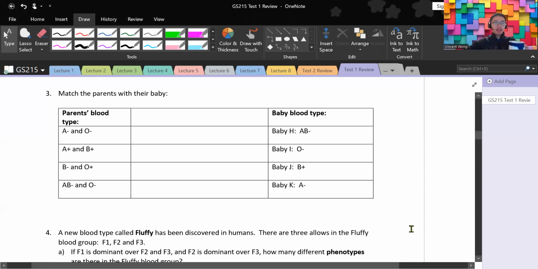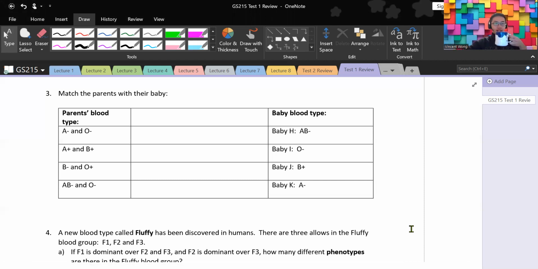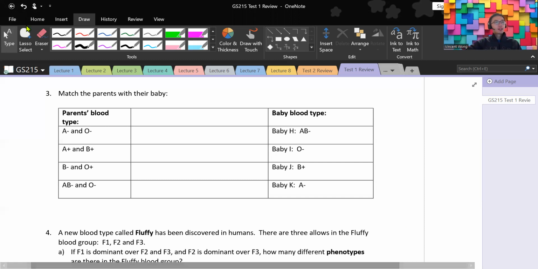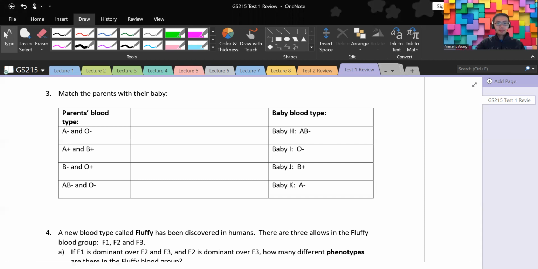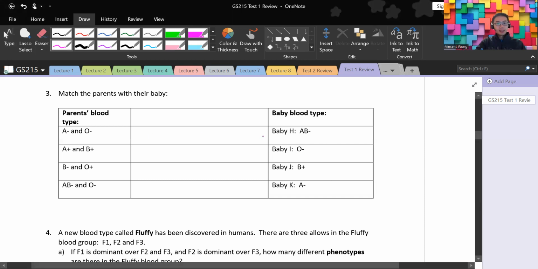And if you have an answer that you would like to share with the class, please do so. Yeah, Prashal, you have one you want to share? So you unmute. Yes, Professor. So number one, A negative and O negative, I guess that is baby K, A negative.